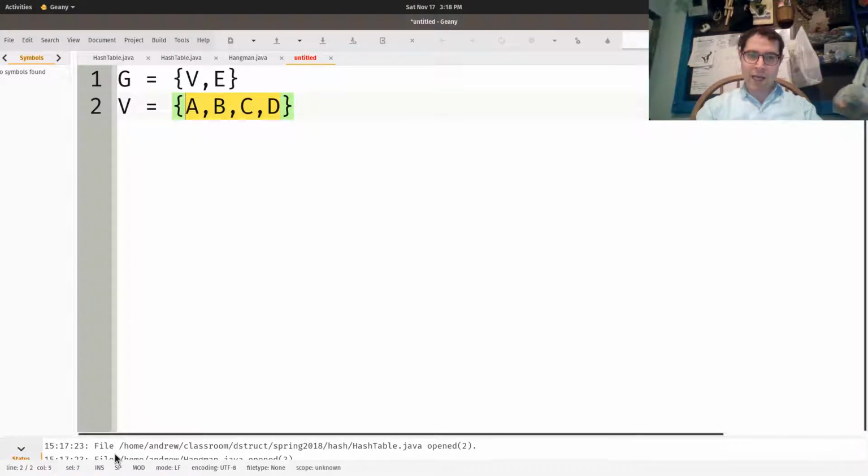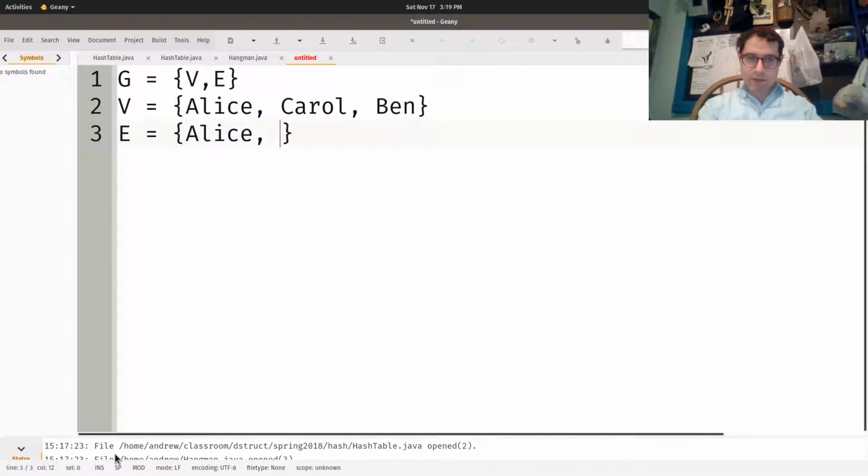Or let's go ahead and make this more explicit. We have something like Alice, Carol, Ben, and we have our set of edges: Alice and Ben, and that is one edge.